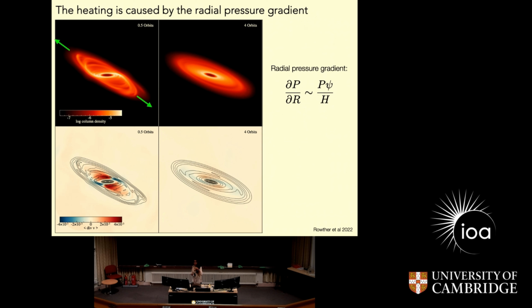And then this affects the gas radial velocity, which then ends up heating up the disk. What you see on the bottom panel, on the left-hand side here, this div V is basically a proxy for the PdV heating in the disk. And what you see is that in the direction of the warp, you have this strong heating that's taking place here.